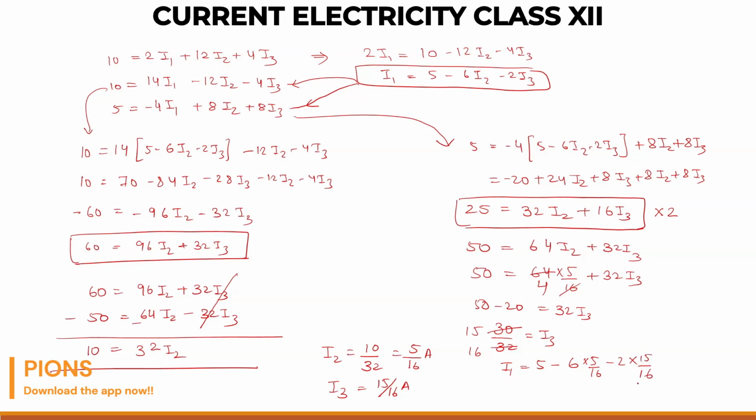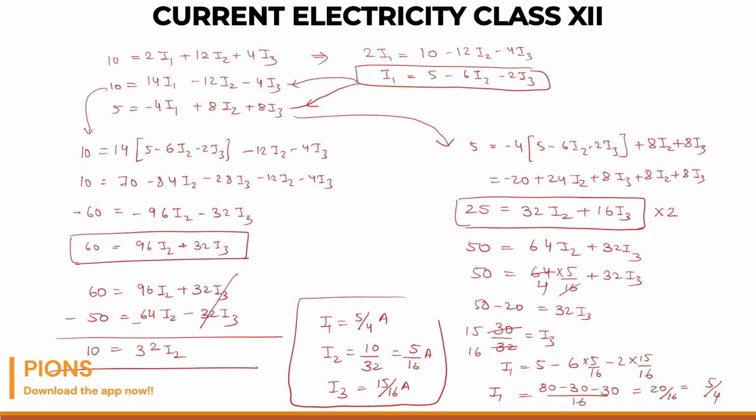Now let's take the common LCM, 16 here. 16 fives are 80, 5 sixes are 30, 15 twos are 30. So 30 and 30, 60, 80 minus 60, 20 upon 16. You can divide by 4, 5 fours and 4 fours. So current I1 will be nothing but 5 by 4 ampere. These are the values of I1, I2 and I3.